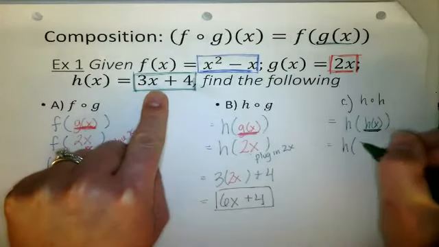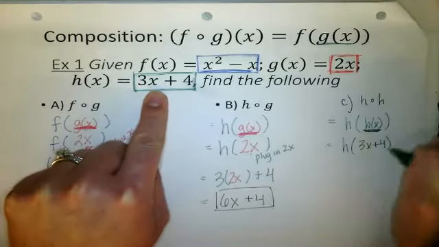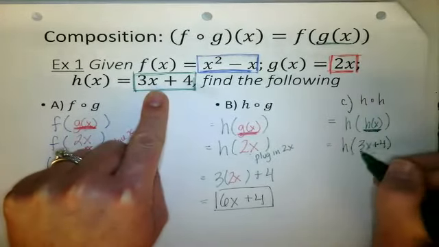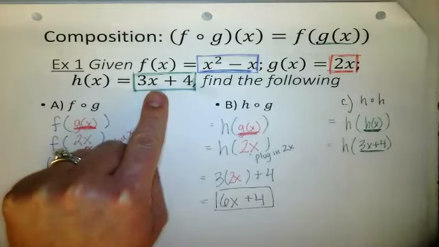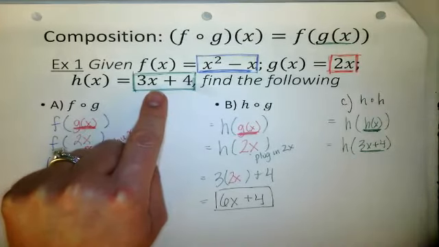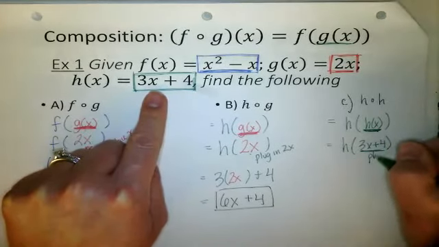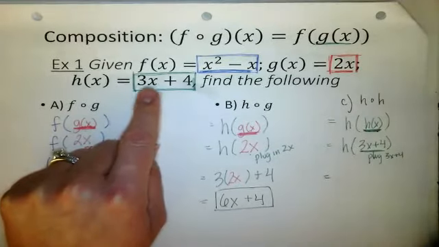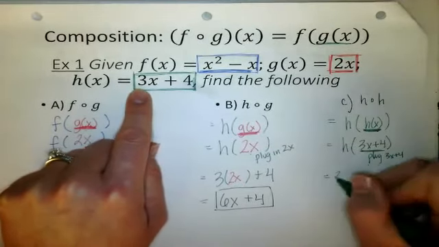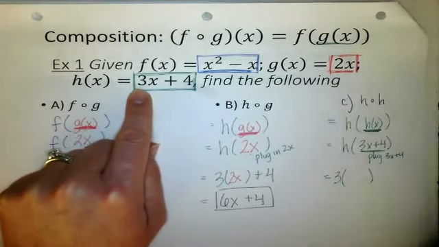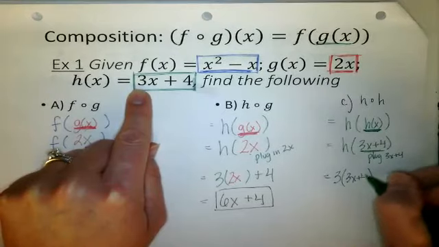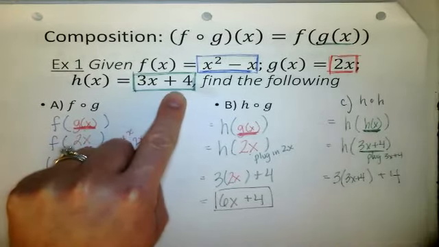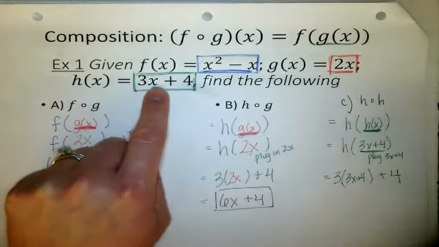Yeah, so this is H of 3X plus 4. Now, what is 3X plus 4 telling you to do? Plug in 3X plus 4 into itself, which is weird, but we can do it. So I'm going to write 3 times what? 3X plus 4, and then plus 4 on the outside. So we're replacing X with this whole 3X plus 4.